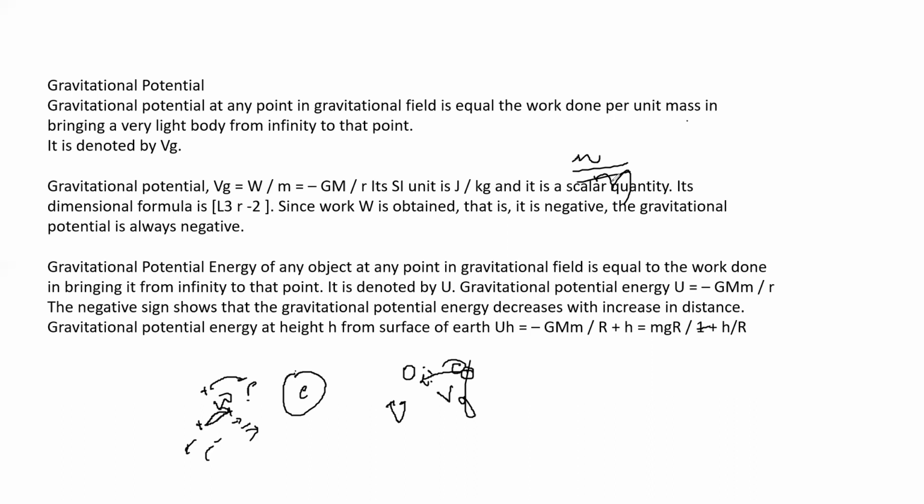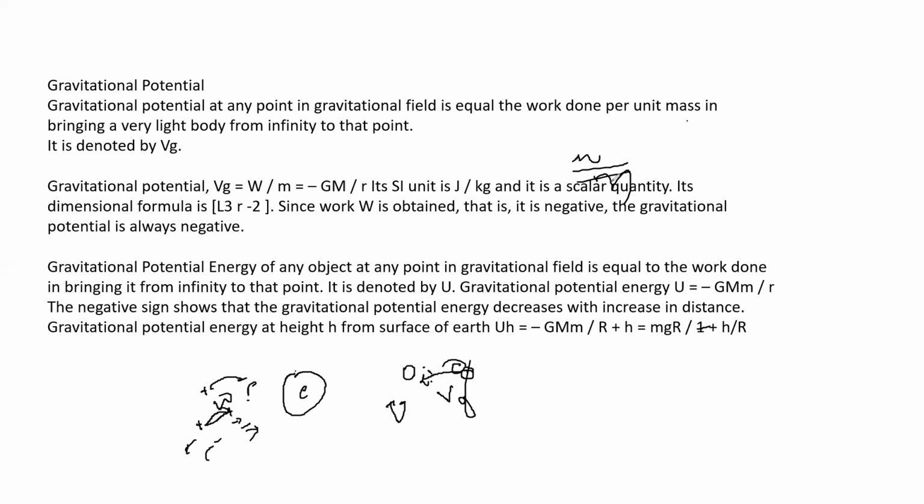The dimensional formula is L squared T to the power minus 2. Since the work is negative, the gravitational potential is always negative.